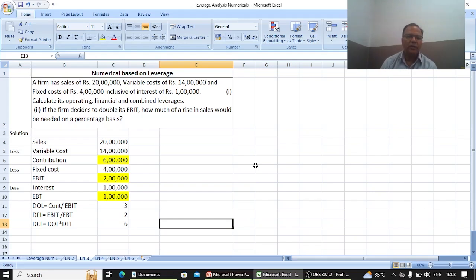Now, you have to check the relationship between EBIT and the sales. Now, think in which leverage there was a relationship between EBIT and the sales. I think it was operating leverage. Let's check it.